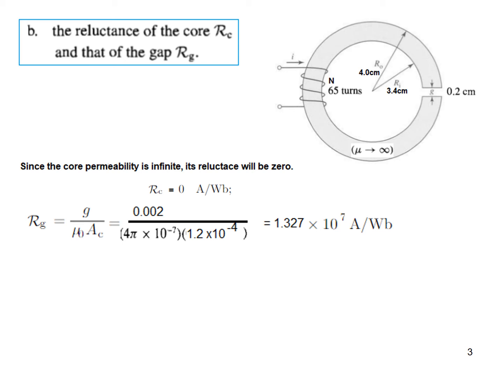The cross-sectional area of the core and the air gap remain the same, we are assuming. So g was 0.2 centimeter. This we convert into meter, so it will become 0.002 meters. 4 pi 10 raised to the power minus 7, and area of cross section we had found in meter squared, 1.2 times 10 raised to the power minus 4. Solving, Rg is 1.327 times 10 raised to the power 7 ampere per Weber.